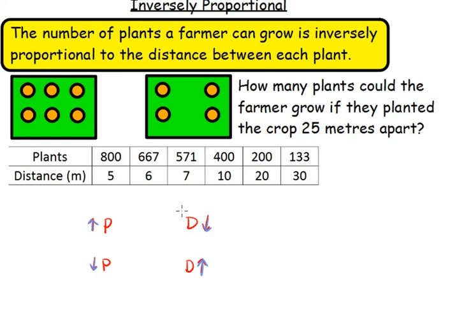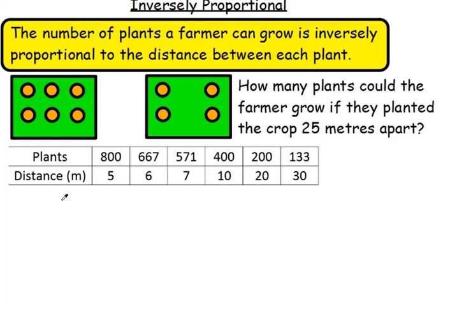And this is a perfect demonstration of that, because you can see for yourself that if you have these rows of plants, if you make the gap between them small, you can fit more in, but if you make the gap between them large, there are fewer plants that you can fit in. So this is how they're connected.